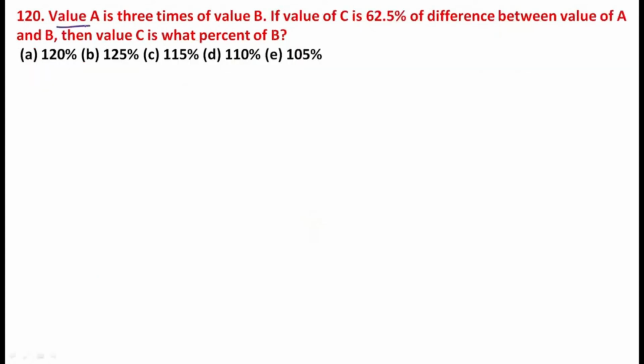So the next one. Value A is 3 times the value B. There's a comparison here. 62.5 percentage becomes 5 by 8. So 5 by 8 is the difference between A and B. The difference between A and B is 2 units.